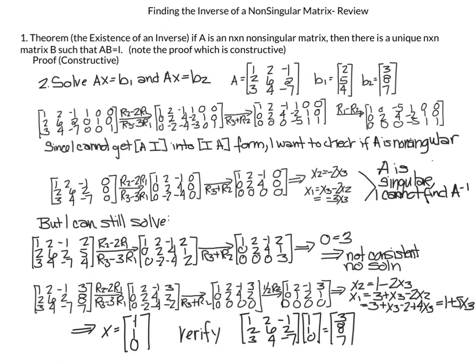So this is just kind of an interesting thing. When A is singular, sometimes some of the B's will give you solutions, and sometimes they won't. But when it's non-singular, that's the theorem that tells us that there's always a solution, and you can get an inverse. So that was a pretty long explanation, almost as long as the rest of the entire video.